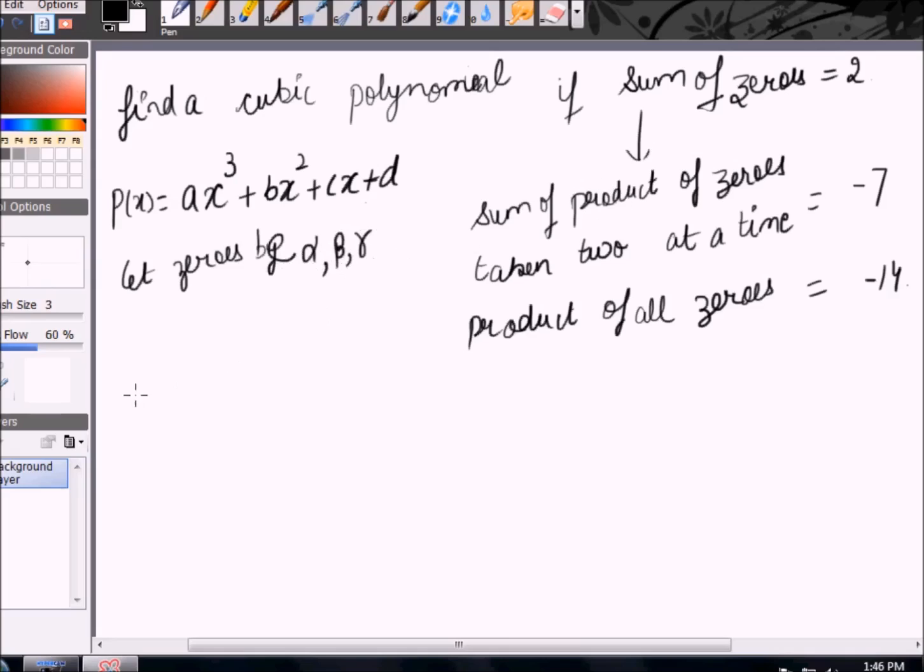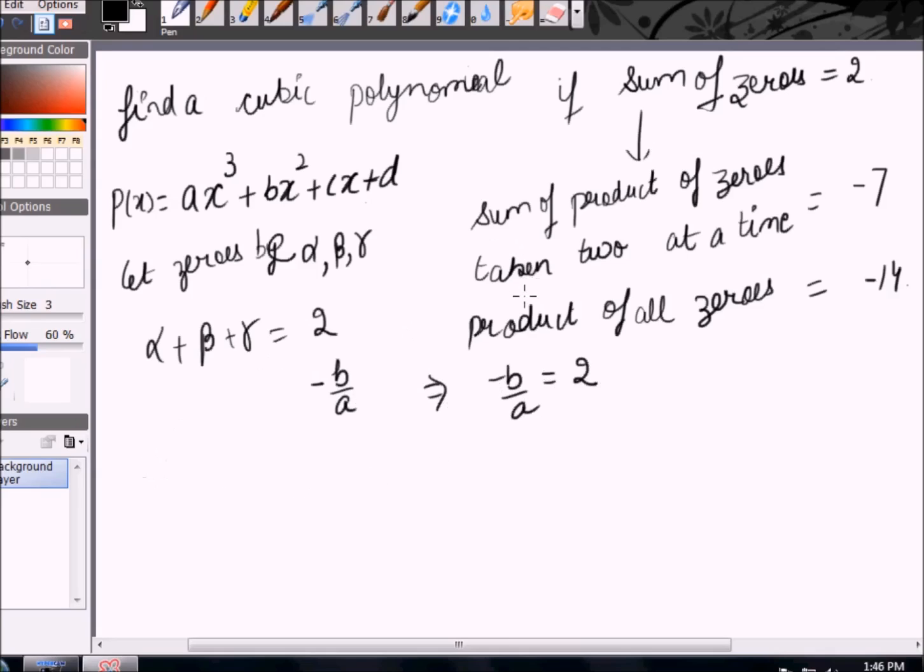Sum of zeros equal to 2. Now in the video on the relationship between zeros and coefficients, we have derived that for a cubic polynomial, sum of zeros equals minus b by a, which implies that minus b by a equals 2.